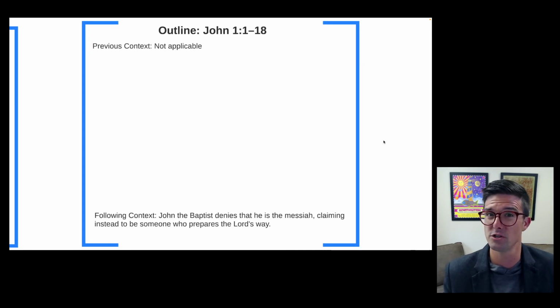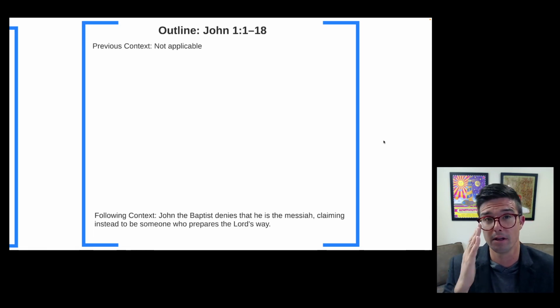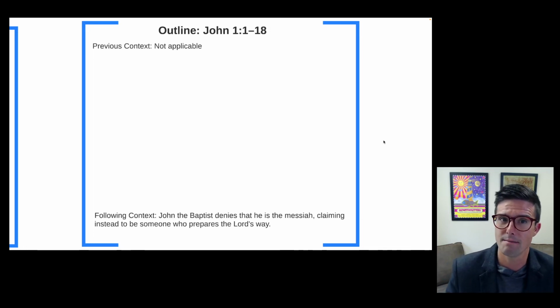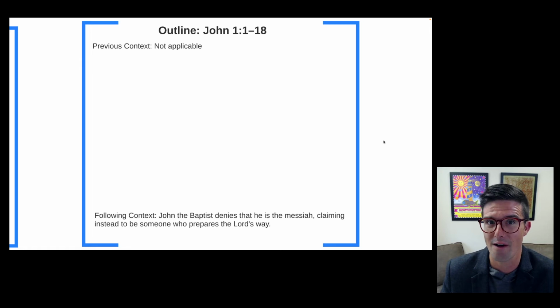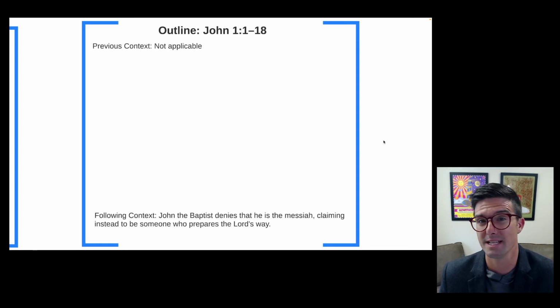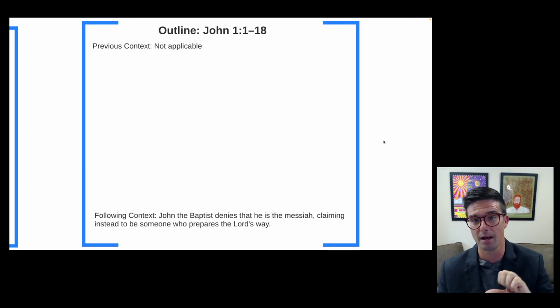There is precision to it, but at the same time, each person is going to produce a different outline. The real purpose of the outline is to help you in the process of interpretation, to see new things in the text. So I want to show you my outline just so that you have a point of comparison for yours.